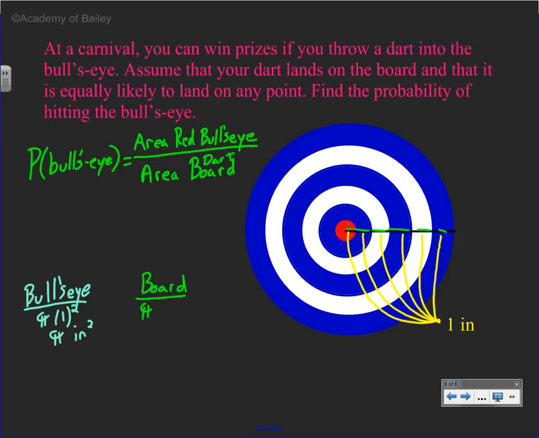Well, here would be 1, 2, 3, 4, 5, 6 inches from the center of the bullseye clear out to the edge of the dartboard. So the radius is going to be 6. And pi times radius squared, 6 squared is 36 pi. So the area of the dartboard is 36 pi square inches.